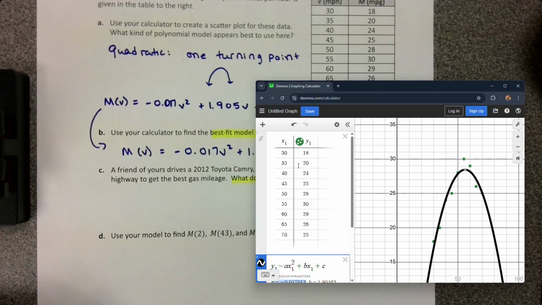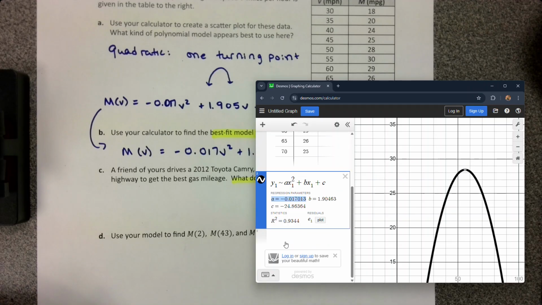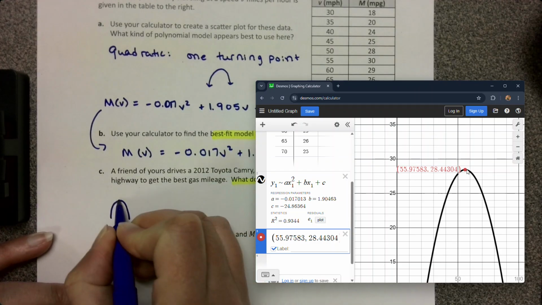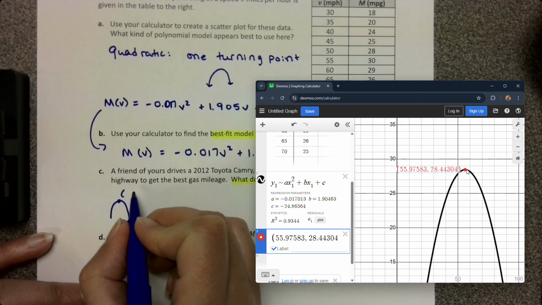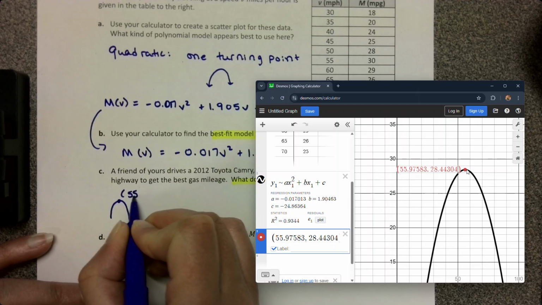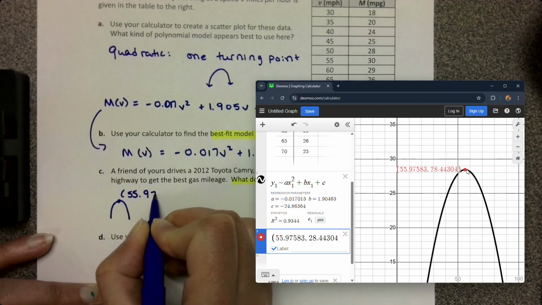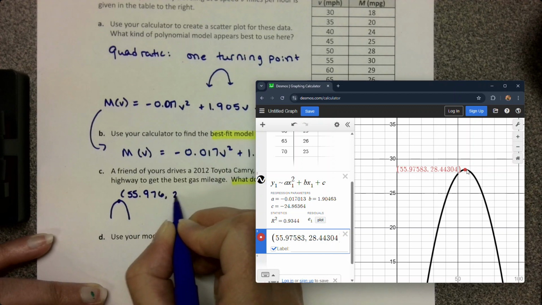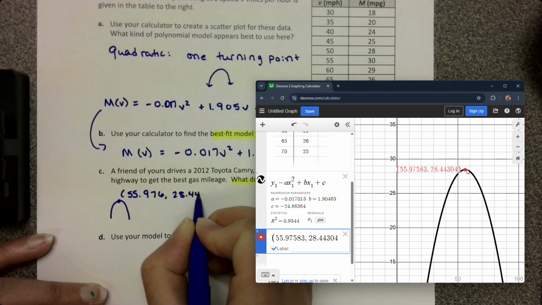So I'm going to turn off the data for a second and look at the model's prediction. The model predicts that I get the best fuel economy at its vertex point, and that's going to be the point 55.976, comma 28.443.